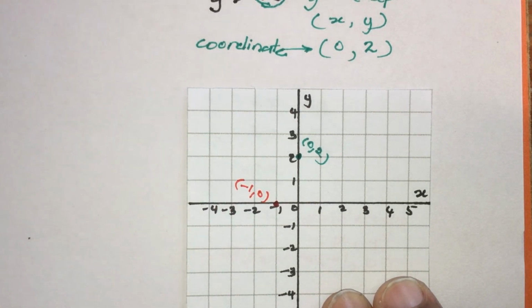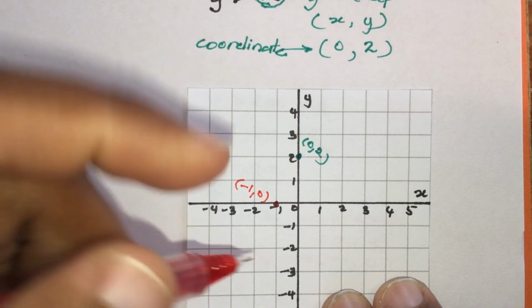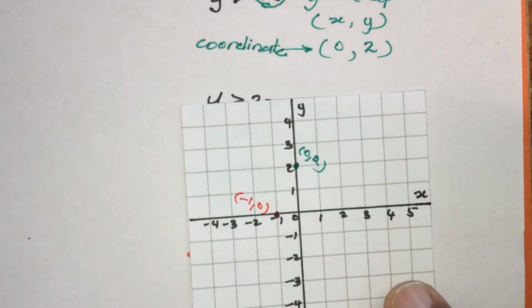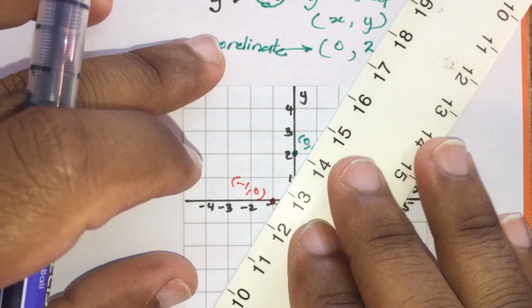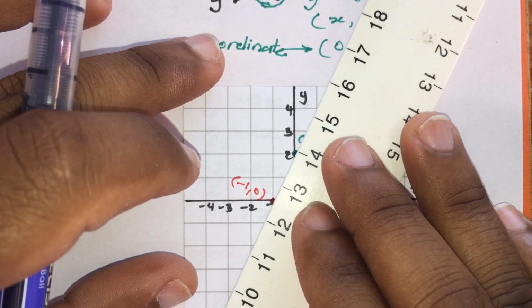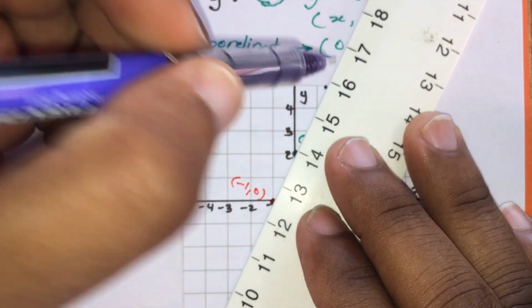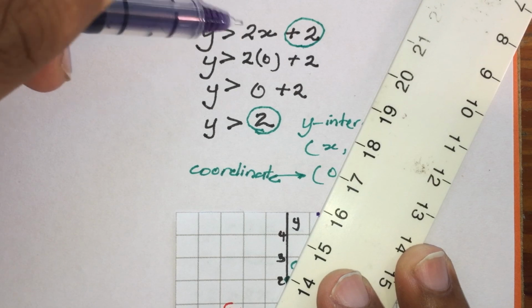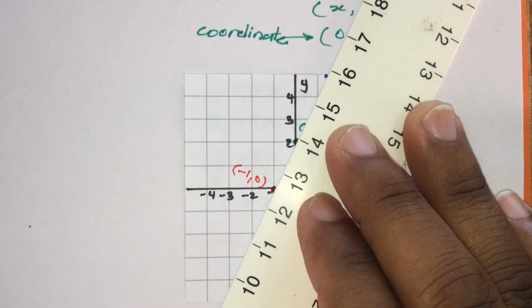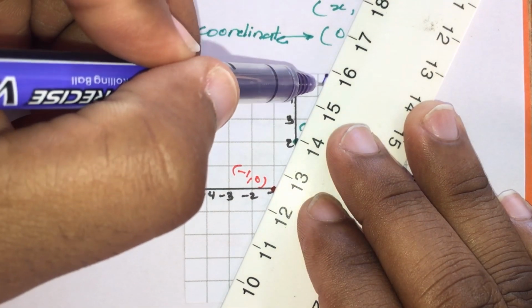Seeing that we have both points, all we need to do now is to draw a straight line to connect both of them and to draw it right through. So I'm going to be using my ruler and I'm drawing the line right through, just like this. But remember, the inequality said y is supposed to be greater than. So am I going to be using a solid line or broken lines? I'm going to be using broken lines.